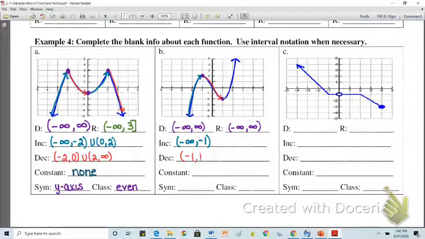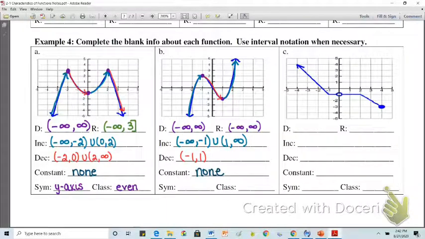That's -1 to 1. And at the end, it goes back to increasing. So that is 1 to infinity. And again, this constant is none.